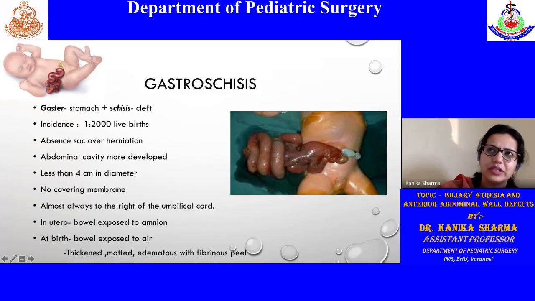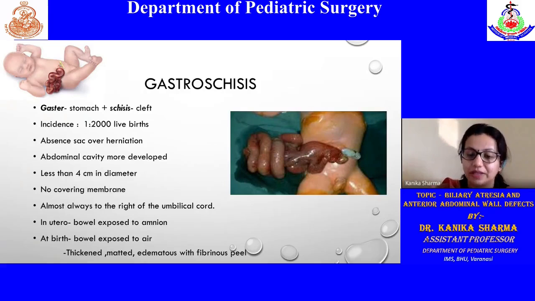These defects are usually small, less than 4 centimeters. And in this, as has been proposed, the umbilicus is well centered. It has been noted that the bowel, at one point of time during the intrauterine development of the child, must have been inside the abdominal cavity.